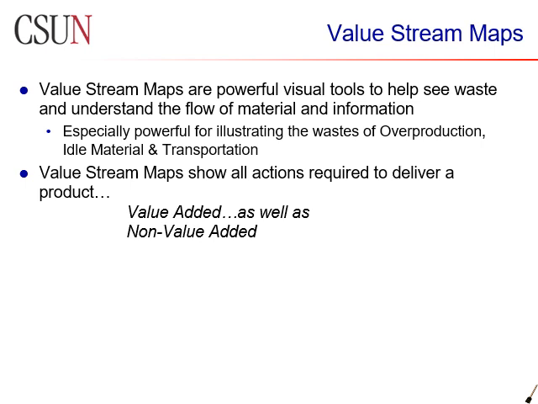To answer the first question, we need to know that value stream maps are powerful visual tools. By saying visual, it means we translate the process and the description of the process or the job description into something visual that's very easy to understand, then analyze.